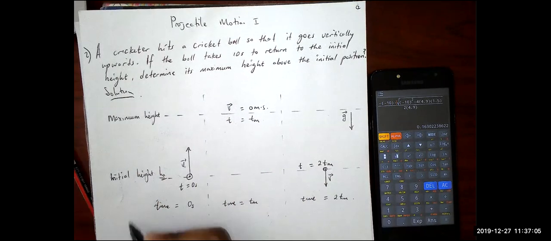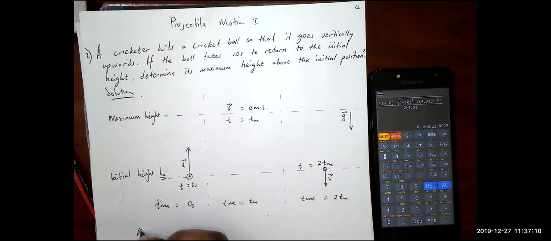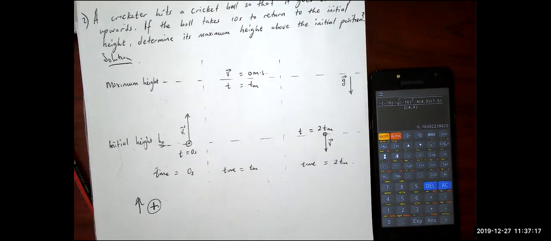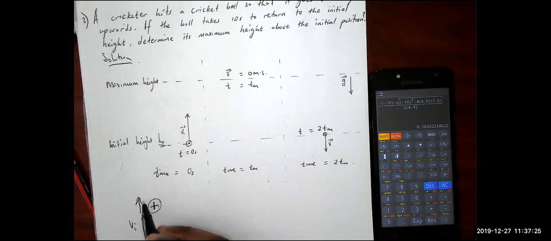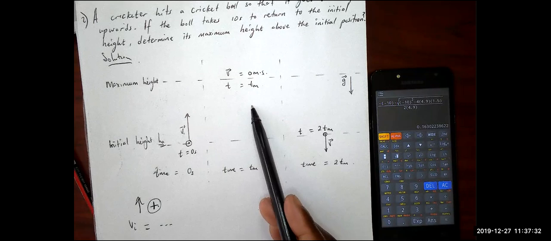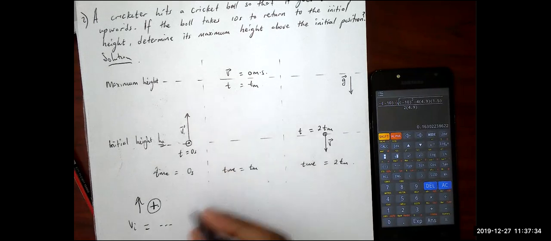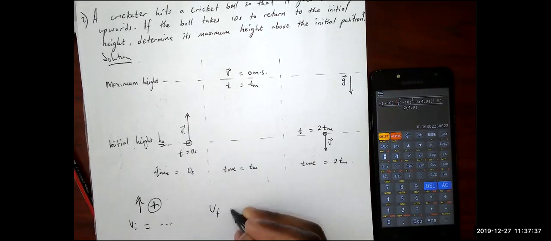Now, if we take upward as positive, it means that our V initial, we don't know that one. Then our V final, we have it. V final is equal to 0.